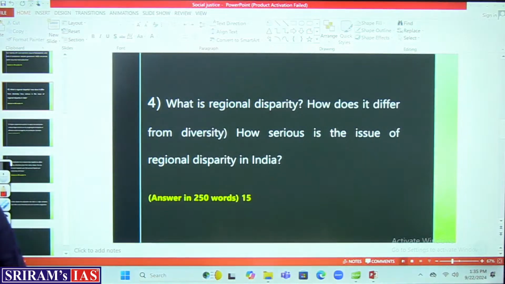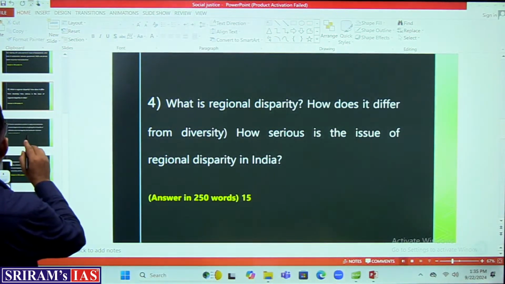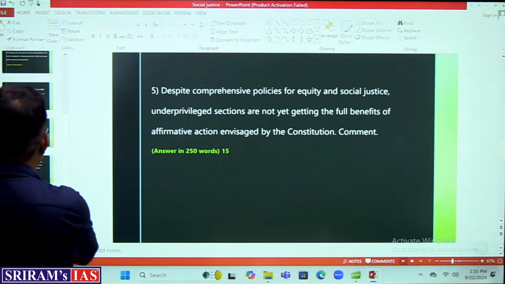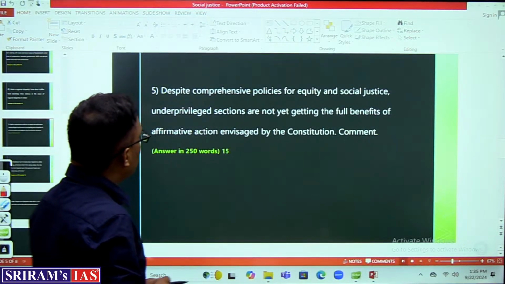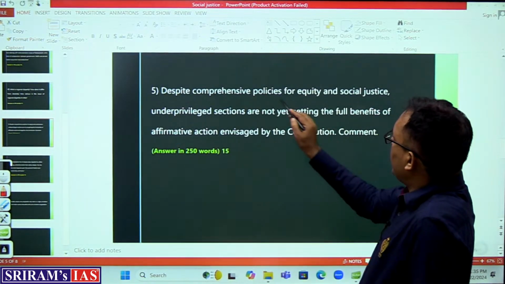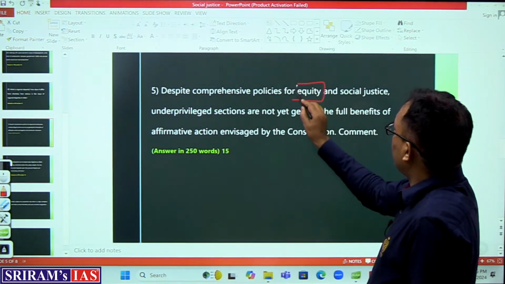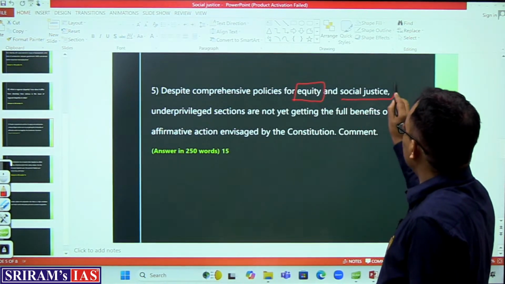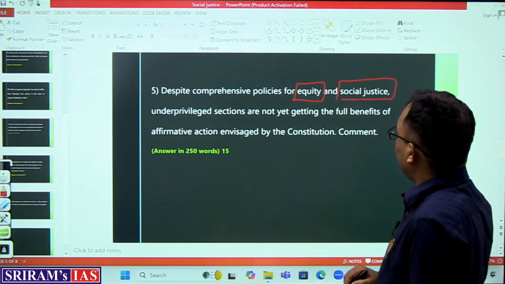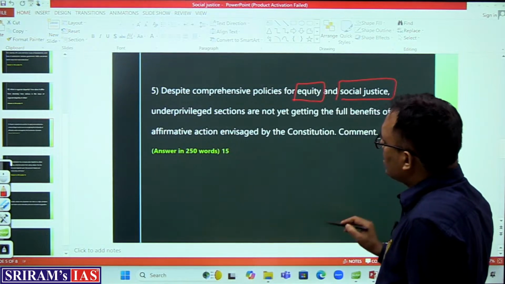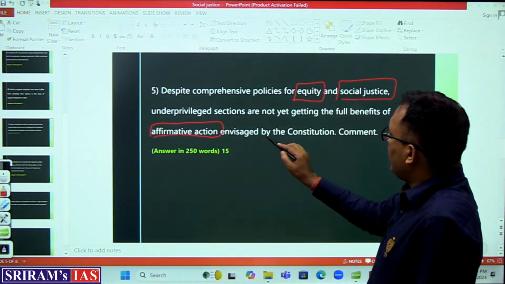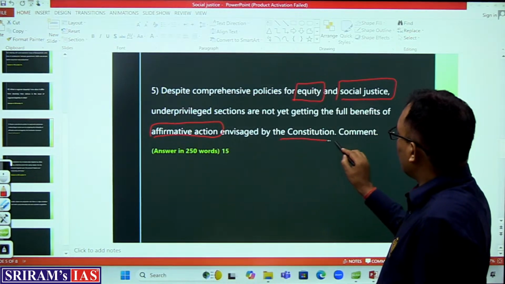Next question that we have, the fifth one, is: despite comprehensive policies for equity and social justice, underprivileged sections are not getting the full benefits of affirmative action envisaged by the Constitution.